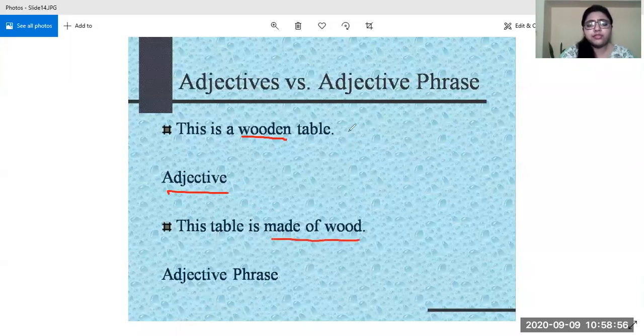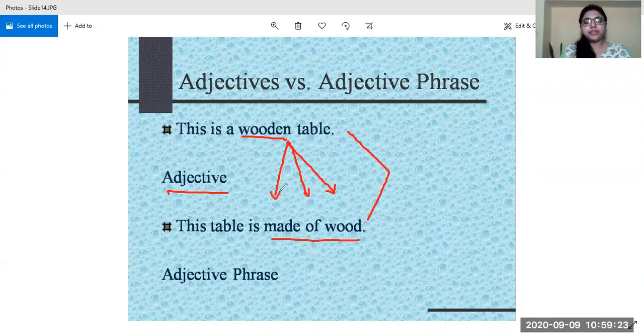Again, both sentences are the same in meaning, but the way of writing has changed. There's a difference in the structure of the sentence. Instead of writing the single word wooden, we have broken it into three words, "made of wood", a group of words, and we get an adjective phrase.